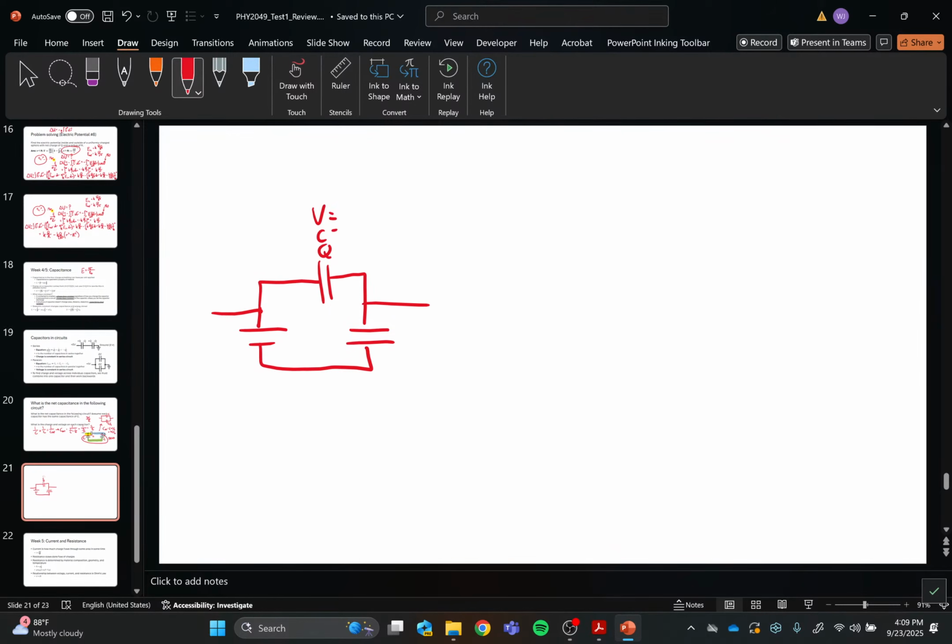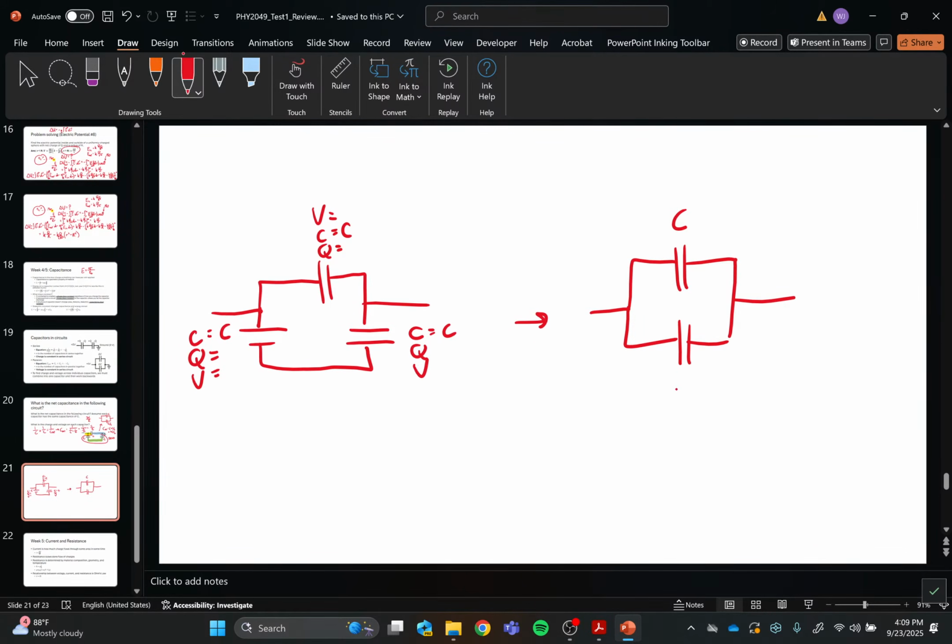Then I combine the ones on the bottom. That one is C, that one is C over 2, Q, V.